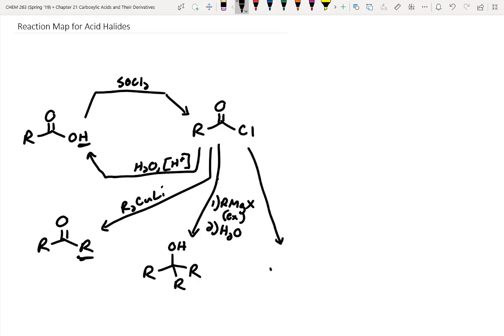All right. Let's consider this. How do we make an aldehyde? Can't just throw in lithium aluminum hydride. We said that'll blow past the aldehyde and go to the alcohol. That was the bulky one that we just learned.